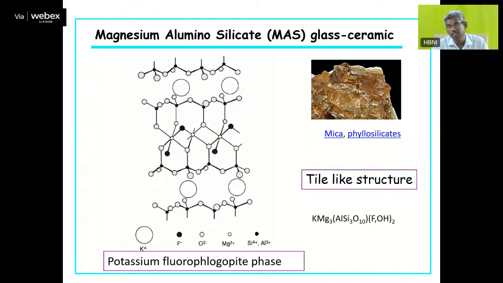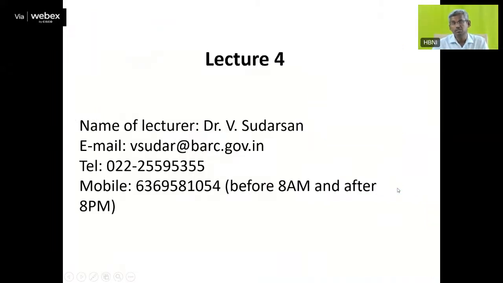That is why we get this machinable nature in the glass. Mica is also similar to graphite, in which the layers can be separated. This is the typical formula of that compound, which has this tile-like structure and facilitates the machinable nature of the glass. This is something I mentioned in the last class, just to refresh your memory.